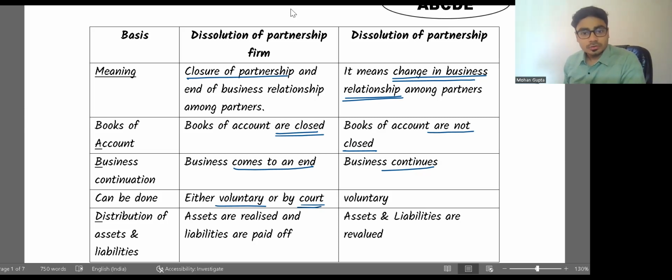So the court will close their business and even impose penalties and punishments on them. So courts can also dissolve a business. We see that in the corporate world: if companies are not abiding by the laws, the court closes the companies and businesses.